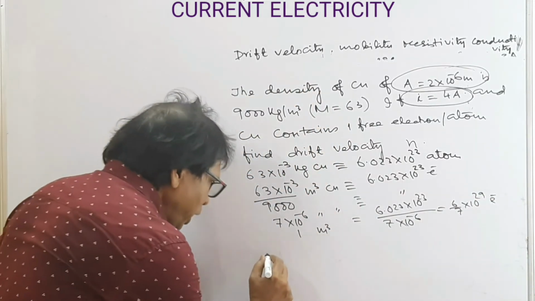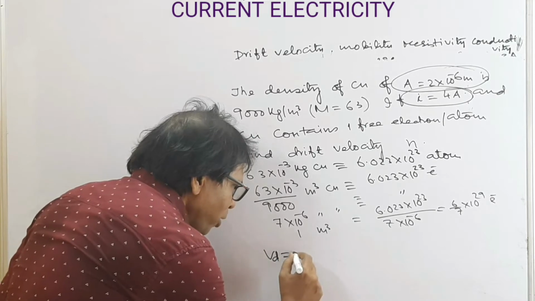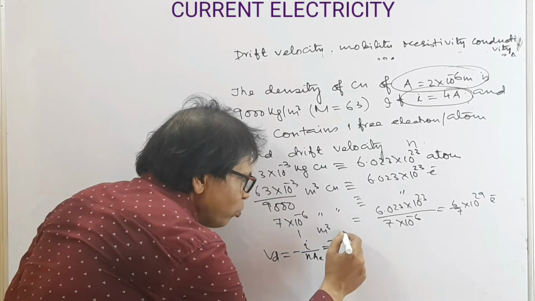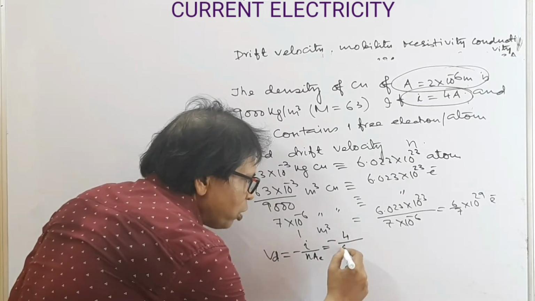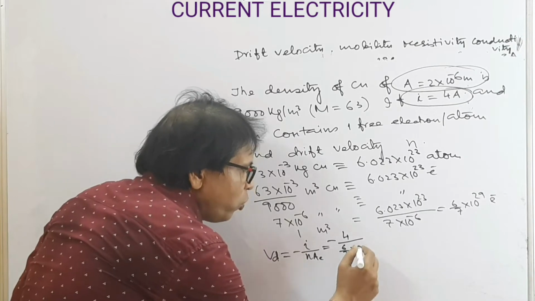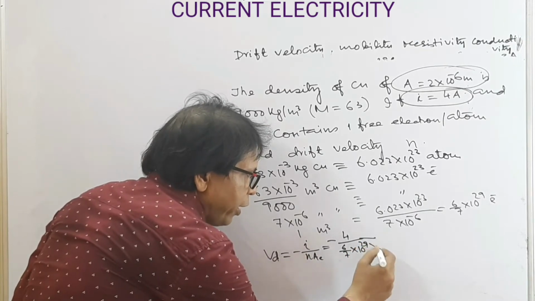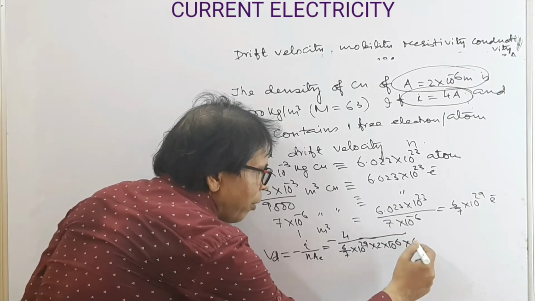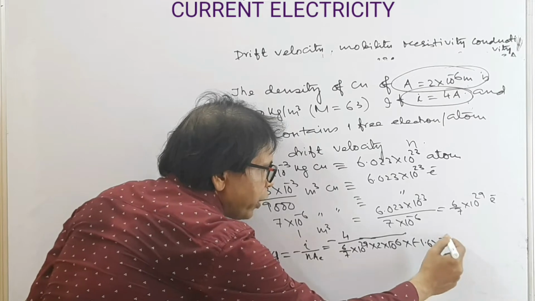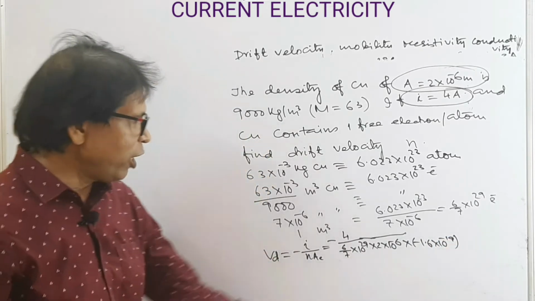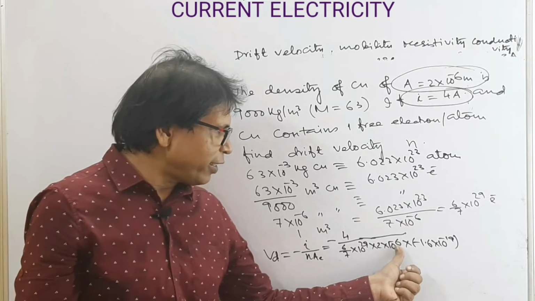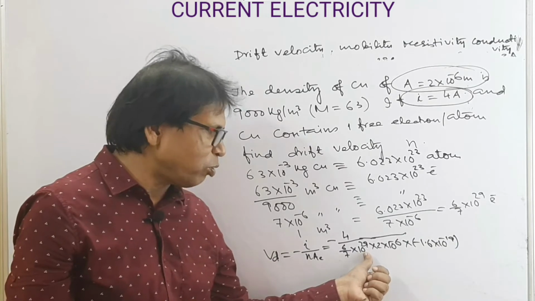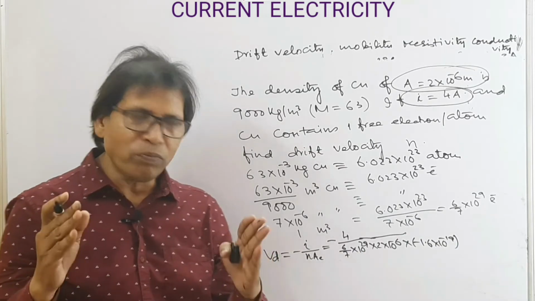Okay. Now drift velocity Vd equal to minus I by NAE. Look at this, I equal to 4 ampere, N equal to 6/7 into 10 to the power 29, A equal to 2 into 10 to the power minus 6, and this is the minus 1.6 into 10 to the power minus 19. Now look at this. This is the minus 6 minus 19, that is minus 25, and this is the plus 29, so 10 to the power 4.